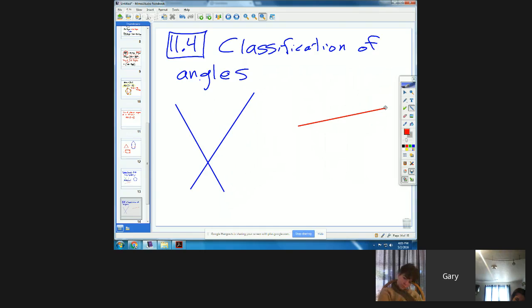Let's make a line parallel to that. So these 2 red lines are parallel. And then you take any other line, let's change that color. You take any other line and use it to cut through those 2. That's another situation where the classifications I'm going to talk about come into play.